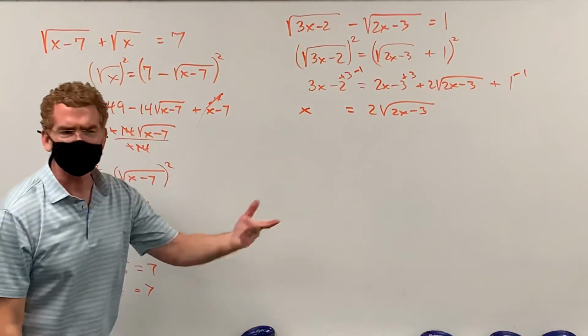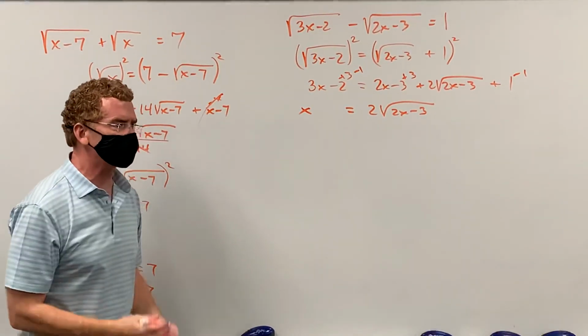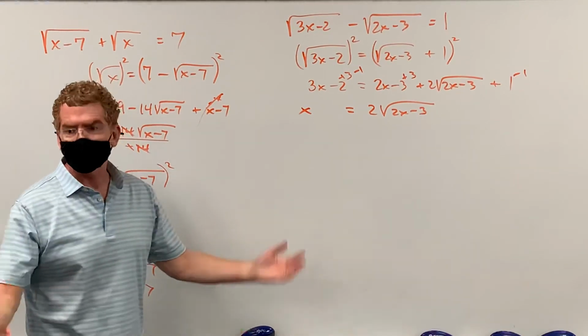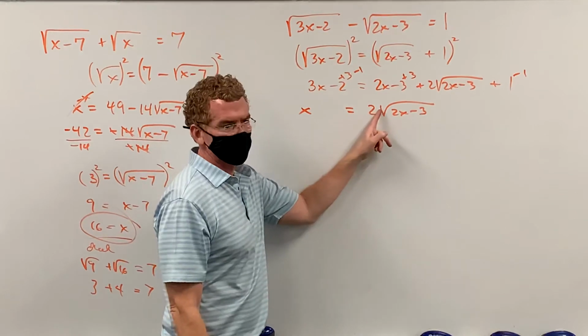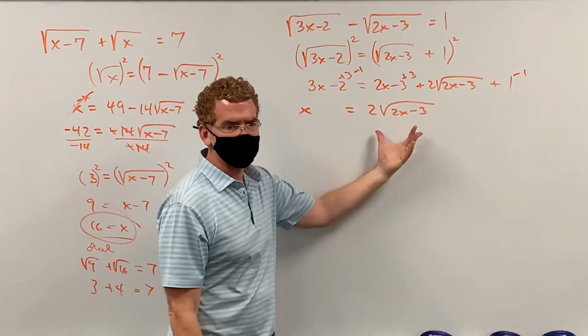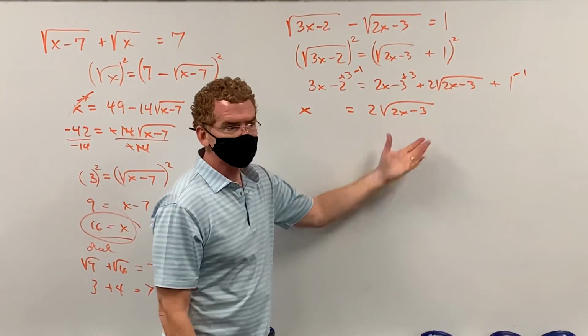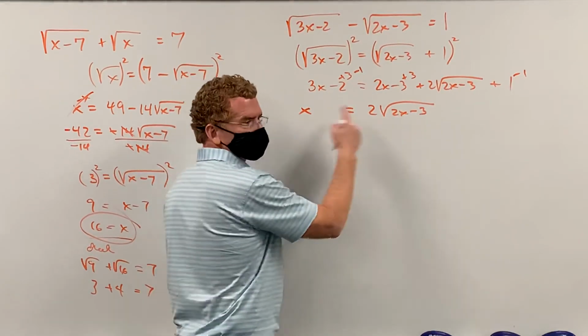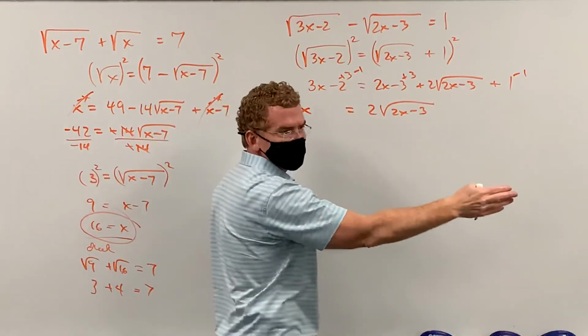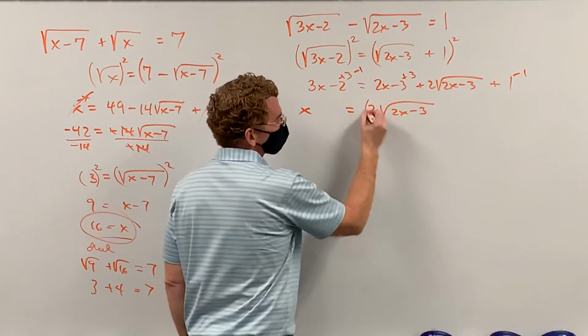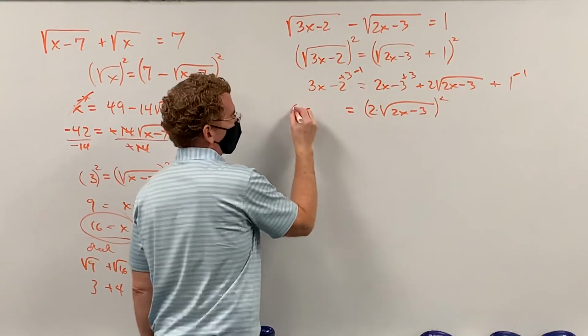Now, do I need to divide that 2 over to isolate the radical? No. Technically, that would be isolating the radical, but because it's multiplied there, I'm not going to have to FOIL it out. If you did divide by 2 and square both sides, now you have a fraction that you're going to have to turn around and multiply through to get rid of. But if it's just times, I just leave it there if it's not going to divide out easily.